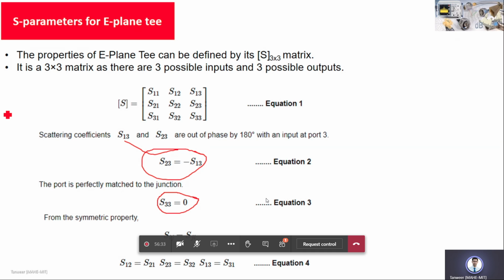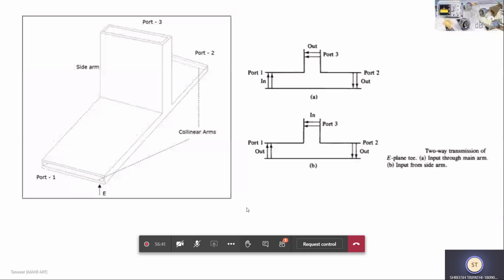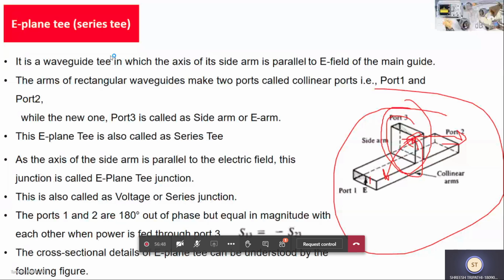Sir, could you go back to the previous slide once? Yes, more previous. Yes, this one. So here, first of all, these are physical transmission lines, right? Waveguide. Okay.